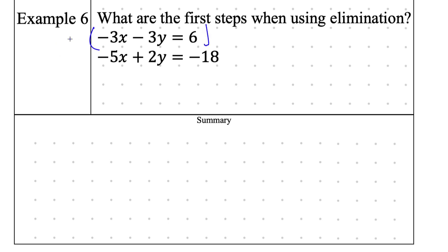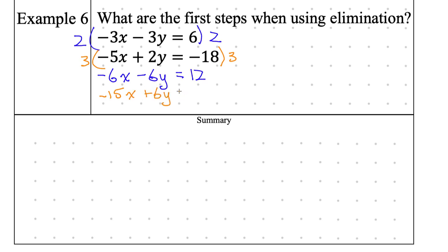Yes, so if I write down my work, multiply both sides by 2, then I get negative 6x minus 6y is equal to 12. And you said the bottom equation by 3. Let's multiply the right side by 3, the left side by 3. And I get negative 15x plus 6y is equal to 3 times 18, which is negative 54. So let's write down our steps so far.